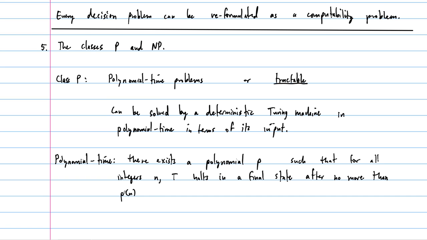P is the polynomial, and P of n is the output when the input is n, when the length of the input is n.